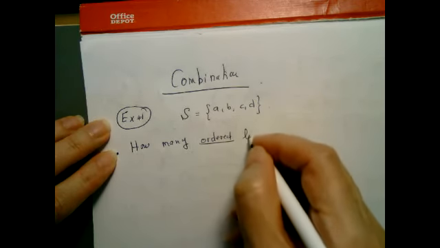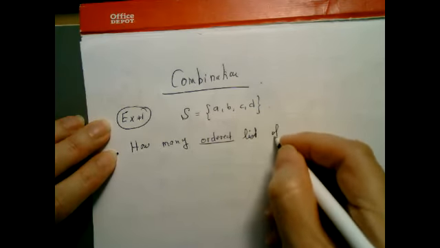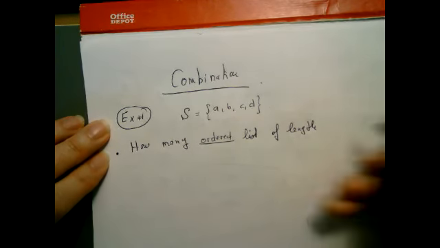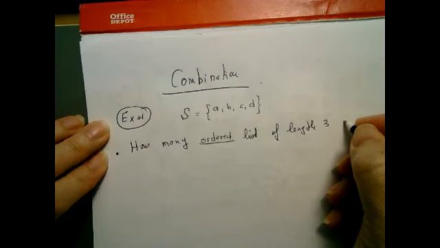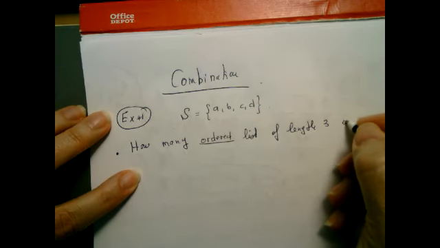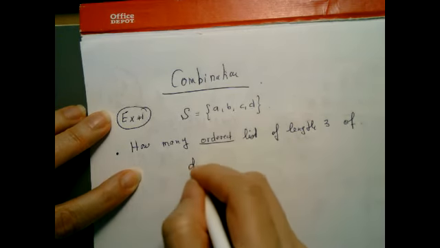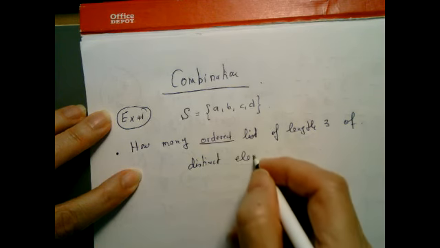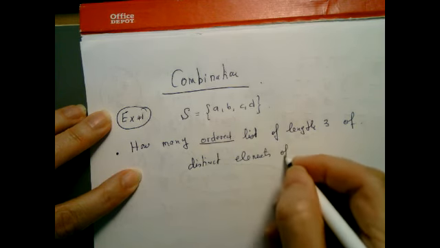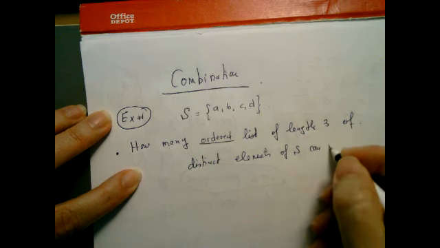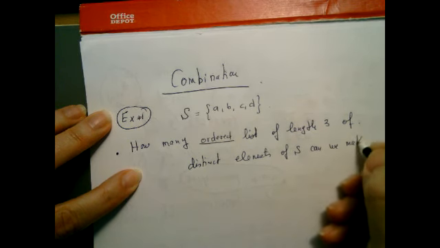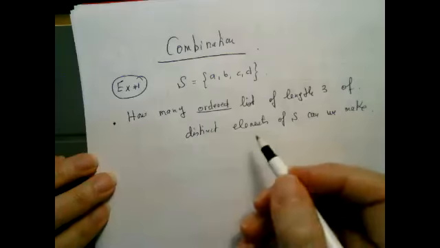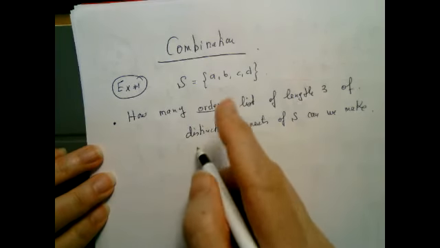How many ordered lists of length 3 of distinct elements of S can we make? So basically I'm asking about permutations of distinct elements of S. Okay. So ordered list of distinct elements. So that's really the permutation problem.